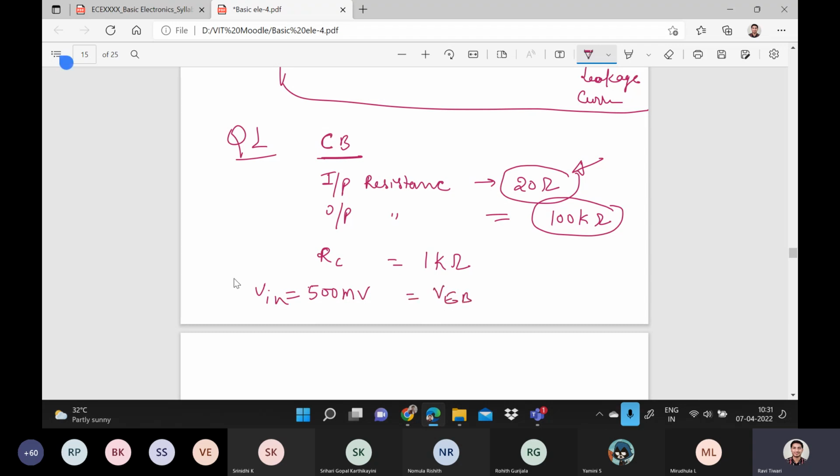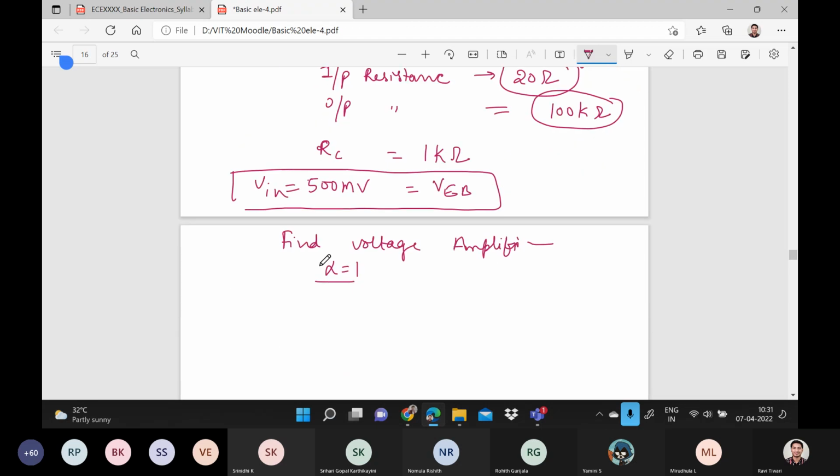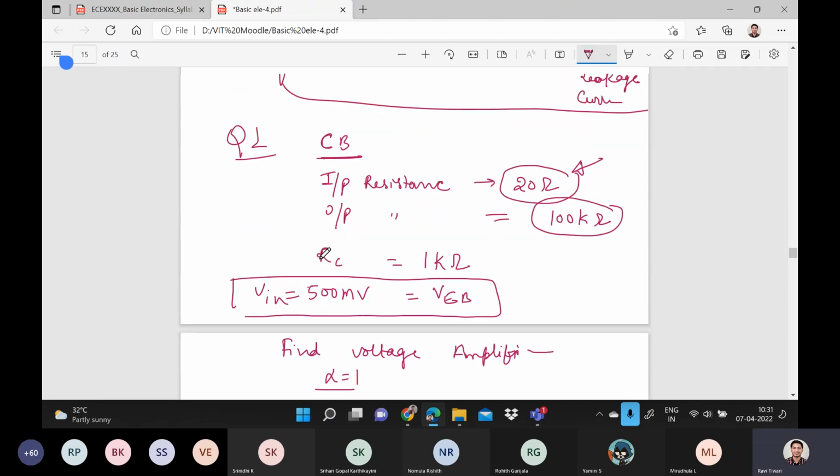So both are the same thing. Either you can assume this is the input or this is VEB. They are saying find out the voltage amplification, and they say to assume alpha is equal to 1. Write down this question.